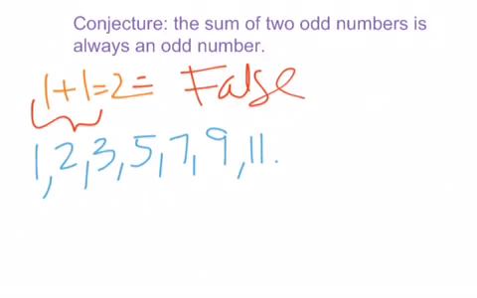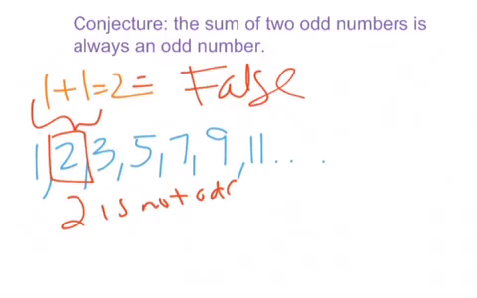I'm going to stop here because I've already found that I have an even number that's prime. 2 is not odd. So not all prime numbers are odd.